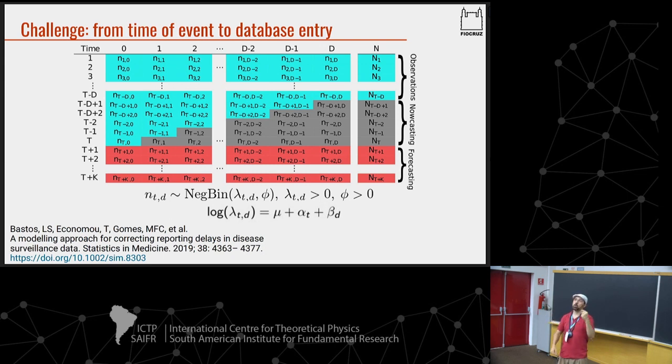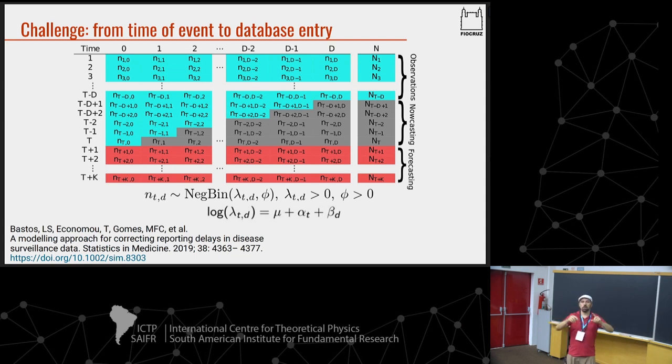Cases that took 1 week to be inserted, I have to wait for this week to end to have that information. So the cell associated with NT1, what happened last week and took 1 week to be uploaded, hasn't happened yet. So this is a blank cell on my matrix. And we then have a whole triangle of that matrix associated with that process.